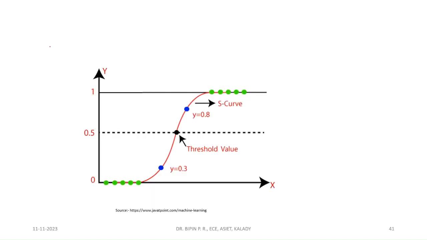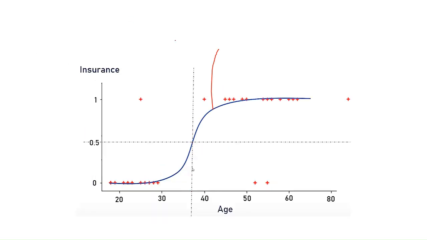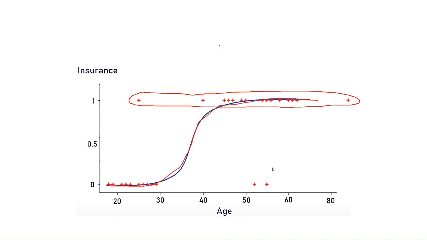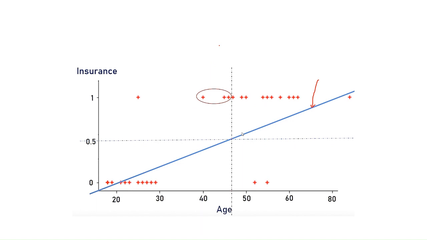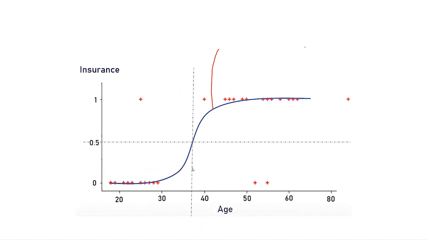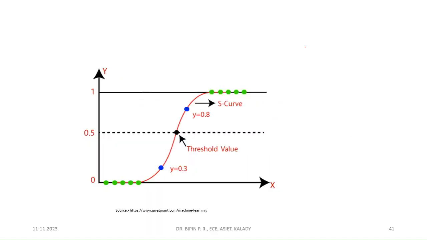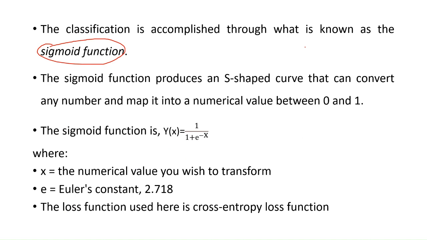So instead of a simple line, we are using a sigmoid function, which is nothing but an S-shaped curve. So I think this is clear to you. Don't get confused: for classification, we are not using linear regression, but an S-shaped curve, and that S-shaped curve is a sigmoid function.